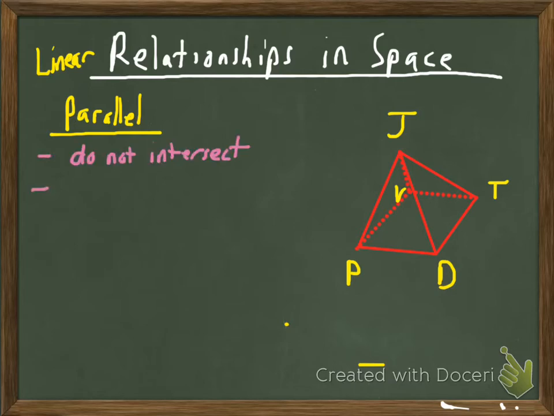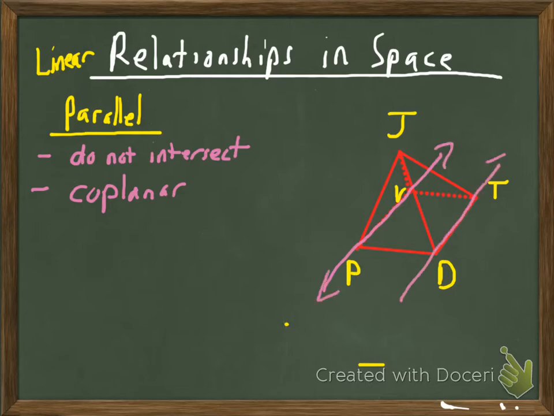And the other is that parallel lines must be coplanar with one another, meaning that every point that appears in either line has to be in the same plane as points that are in the other line. As an example of parallel lines in this picture, there's only two of them, it turns out. Line VP is parallel to line DT, right? They're both in that bottom plane and they don't intersect one another.